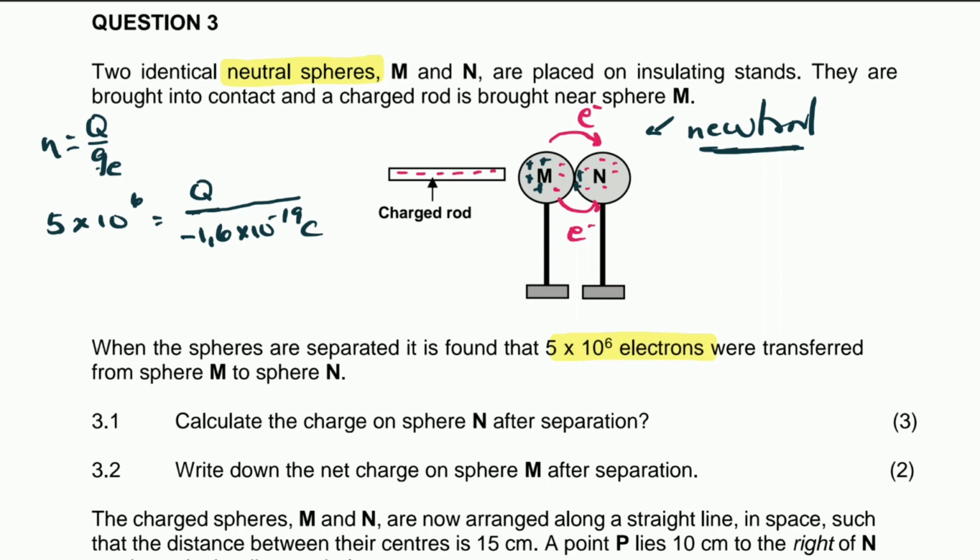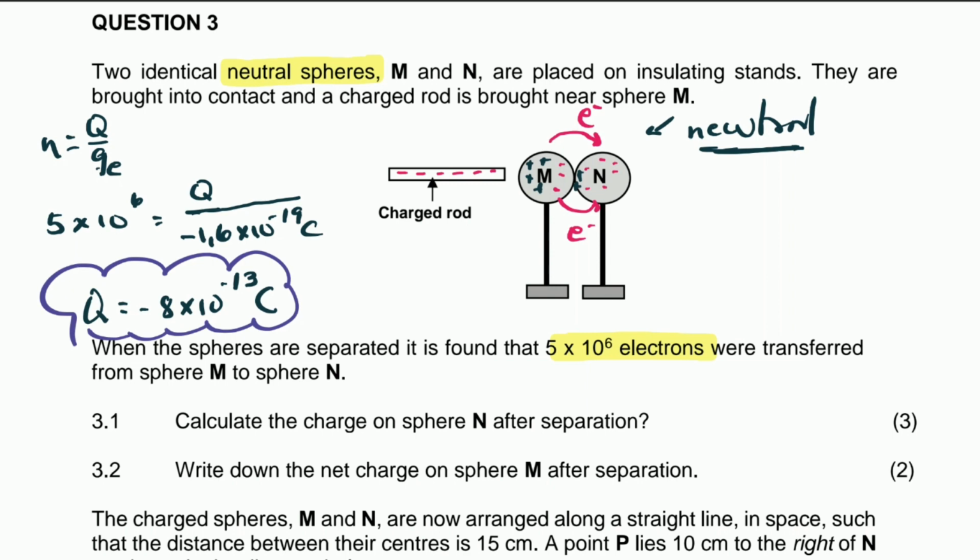So that one has an excess of electrons right now, and therefore when you do this calculation, you will get that the answer is minus 8 times 10 to the minus 13 coulomb. This is a very interesting question. It's a good question. I like it. It's kind of different. So this is the answer for question 3.1.